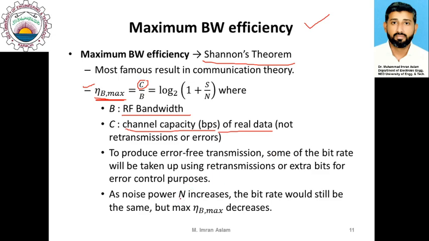The maximum efficiency that we can achieve is dependent on the signal to noise ratio, S by N, as shown here. If the noise in any system is higher, this maximum bandwidth efficiency would decrease.